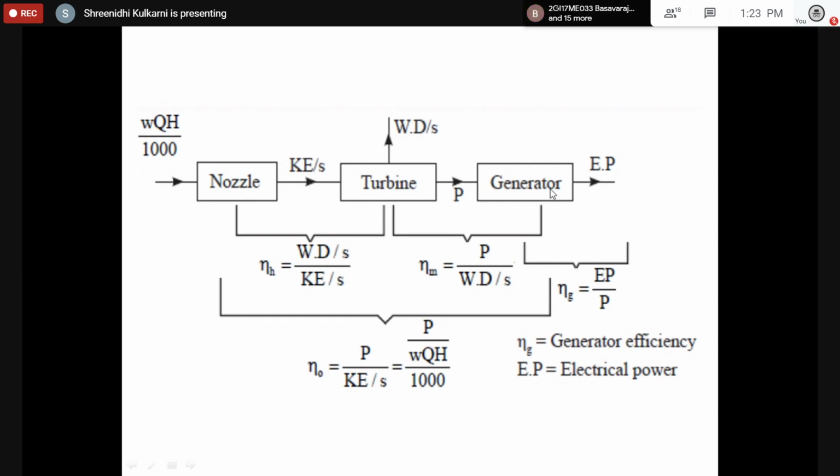Got it? We got the power. Further, whatever mechanical energy we got is sent to the generator and converted to electrical energy, which is step up or step down. Got it? Based on this, we can tell the different classifications.